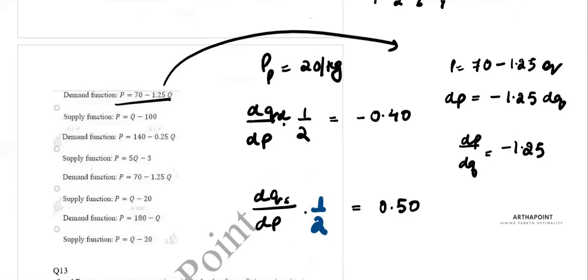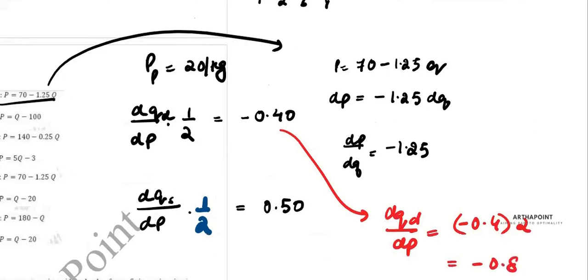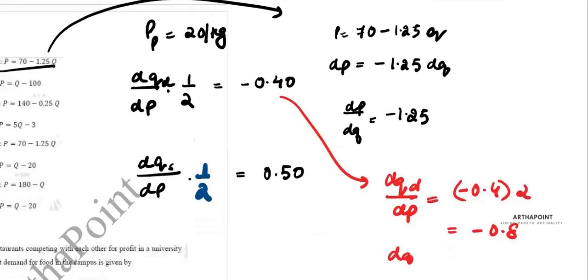So now from here, you know that dQ by dP is going to be minus 0.4 into 2, so minus 0.8. And you know that dQs by dP will be 0.5 into 2, which will be 1.